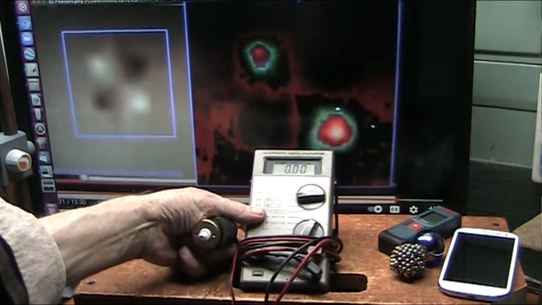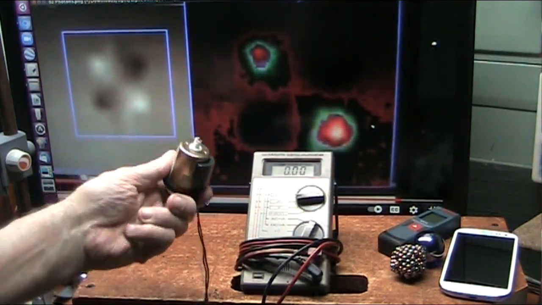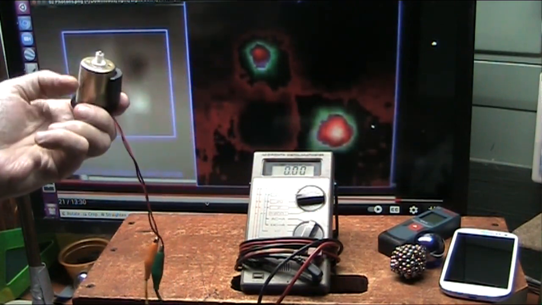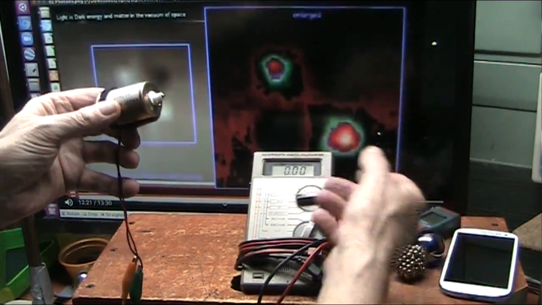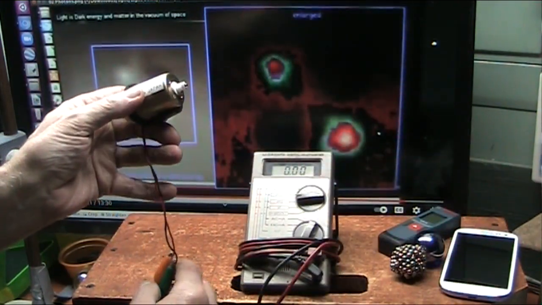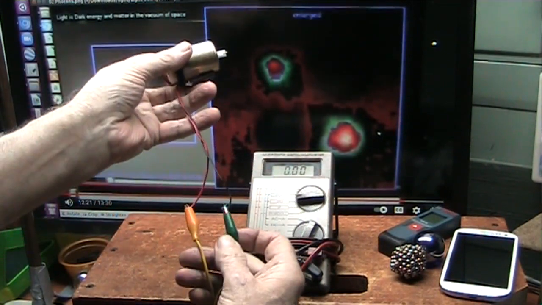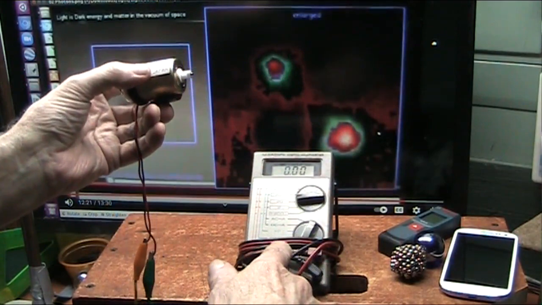All right, and I can prove this right now. I'll prove it with this meter, and I'm on DC voltage, and inside this is a regular motor, and if I spin it one direction, I can make it go positive, and I spin it in the other direction and go negative. Watch. So I am spinning this. Normally you would put electricity into these wires. I am spinning it and making the wires put electricity back out.